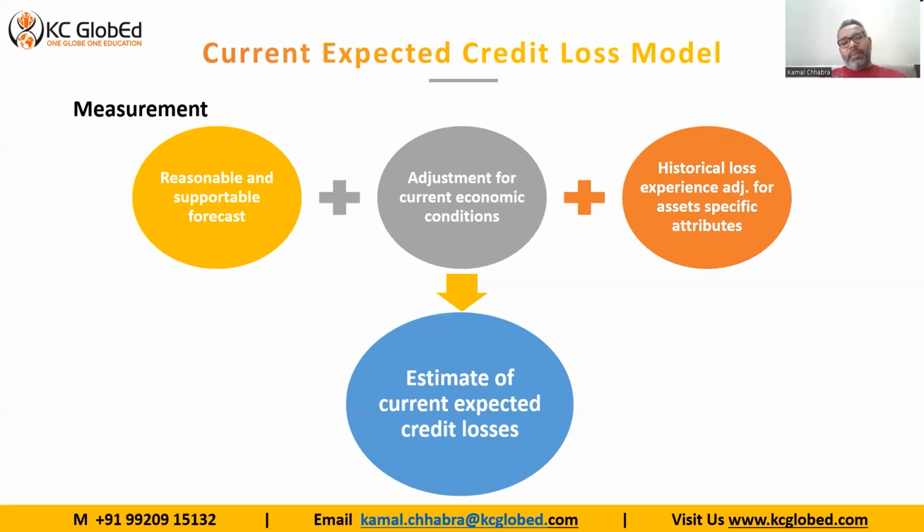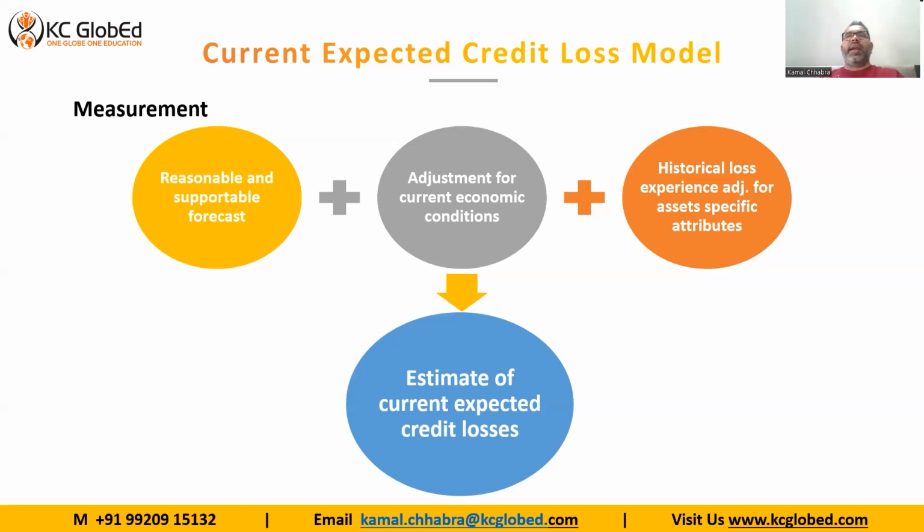So when you are measuring the estimated current expected credit loss, you need to consider all these three factors for the calculation. The first one is the supporting documents you have available. Are those documents reasonable and sufficient?